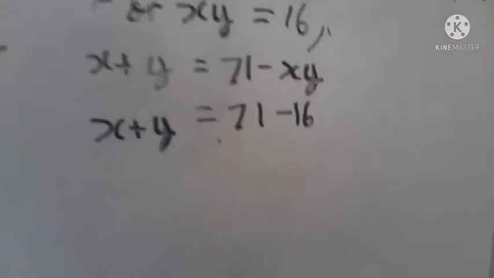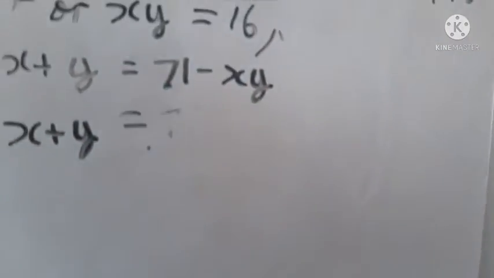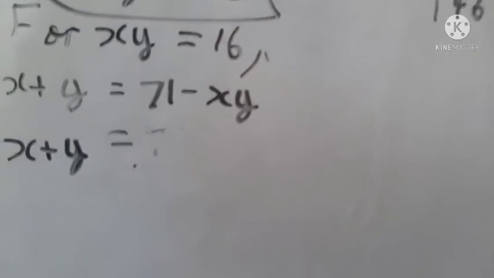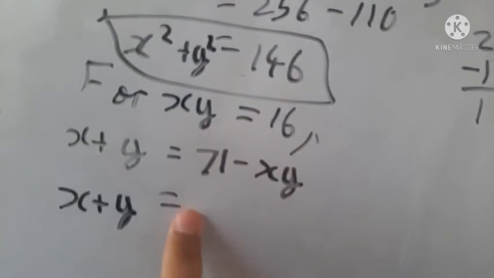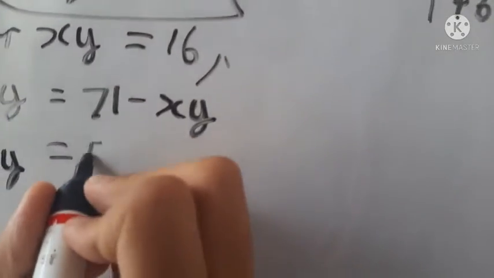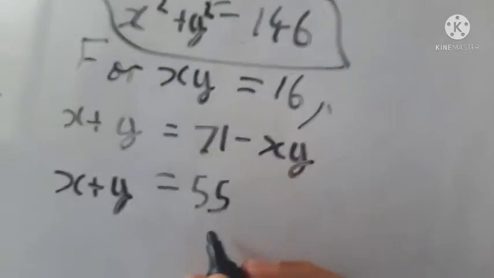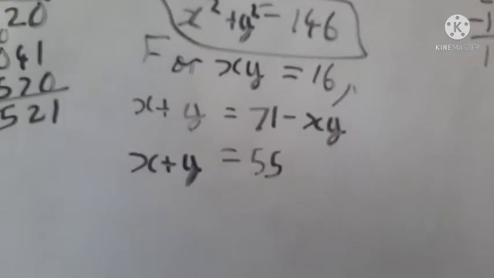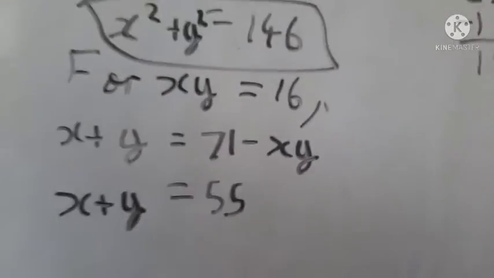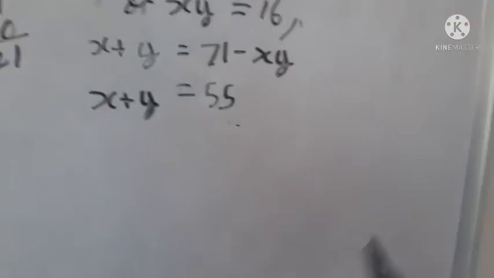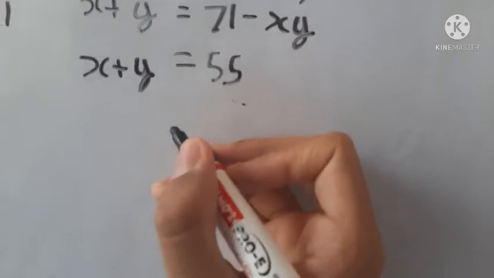That's 51 plus 4, which is 55. So that's actually pretty symmetrical: 55, 16, 55, 16. I like that. That's an interesting fact.